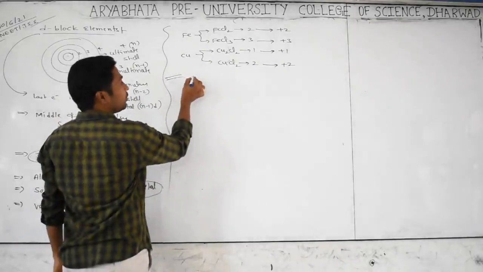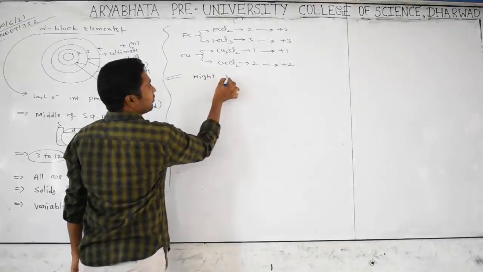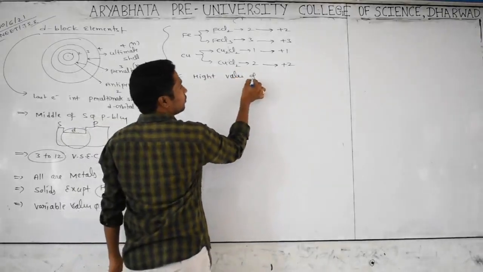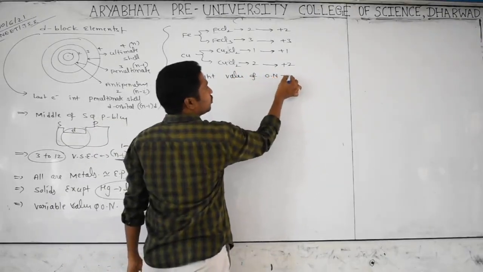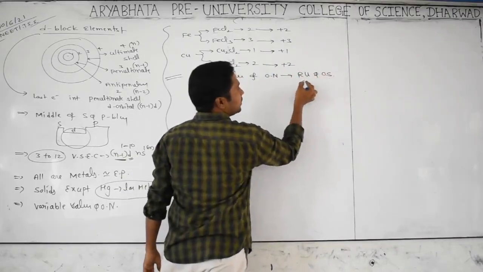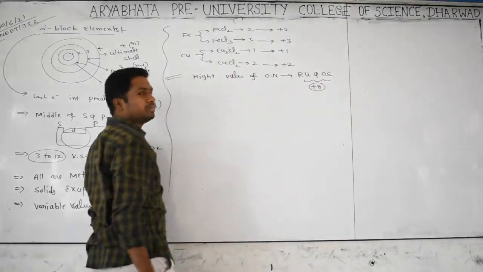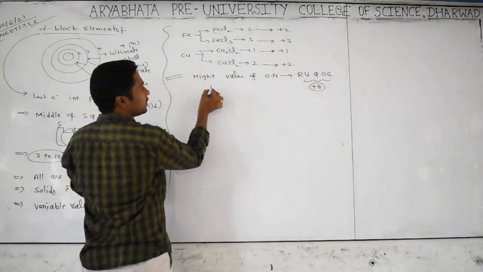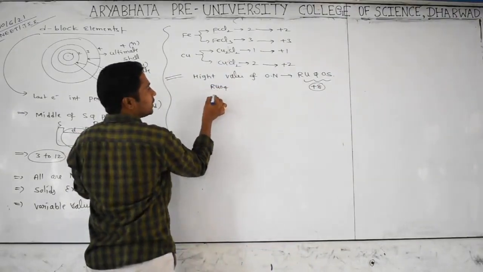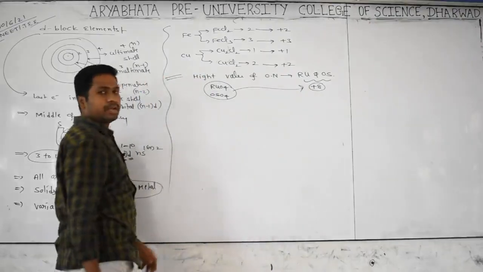Among the d block elements, the highest oxidation number is shown by two elements, ruthenium and osmium, which can show a maximum oxidation number of +8. How? In ruthenium tetroxide and osmium tetroxide, they show +8.